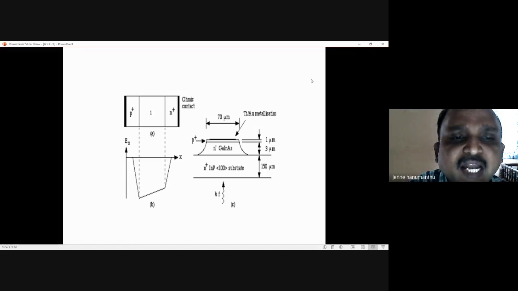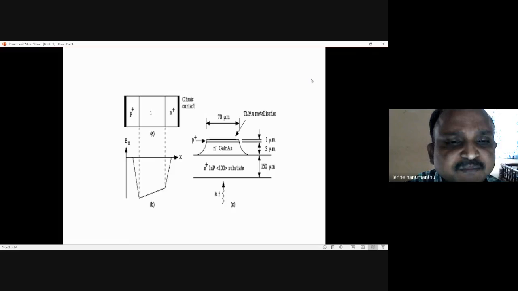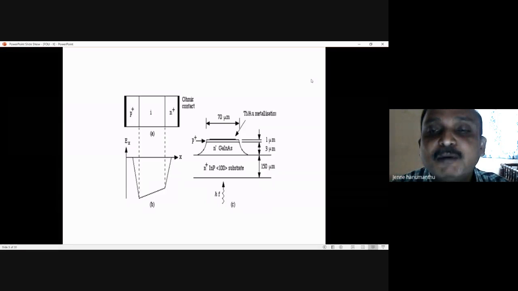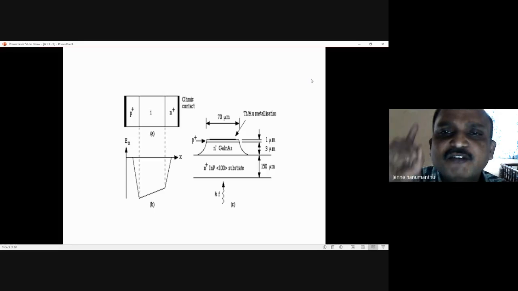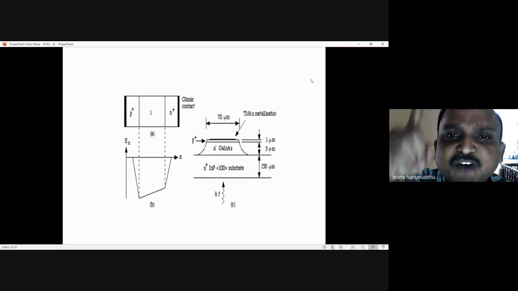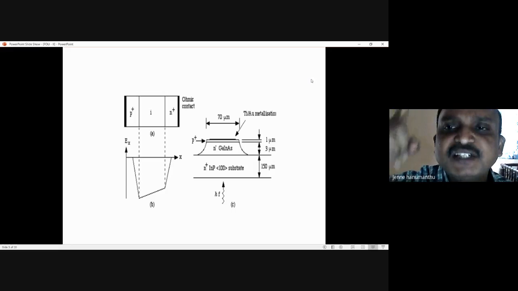For a PIN diode, we apply a reverse bias. Remember, my dears, for an LED you apply a forward bias. If you apply forward bias, recombination takes place in the LED.